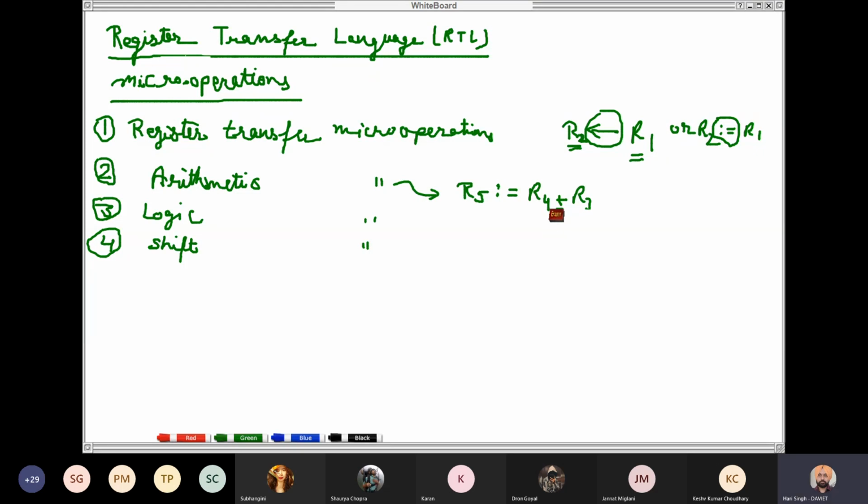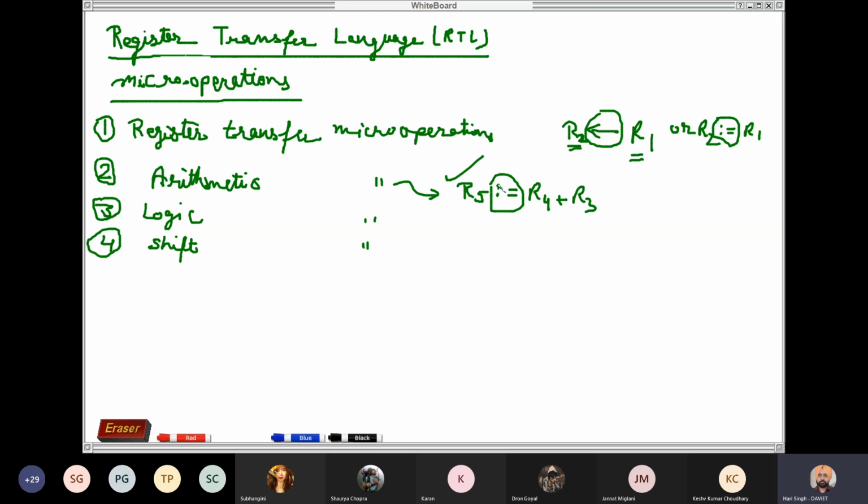After performing it, the result is placed in R5. So the operation performed in this case is R3 plus R4 and the result is transferred to R5. Again, in this representation, the colon equal to indicates the data transfer.